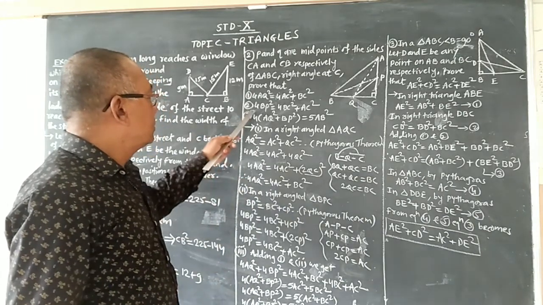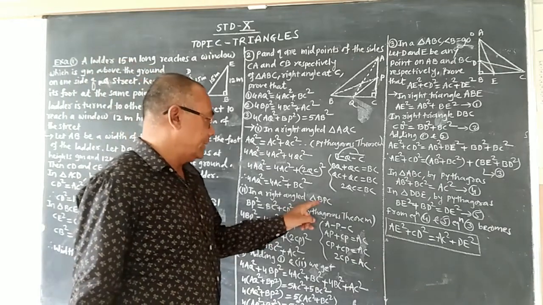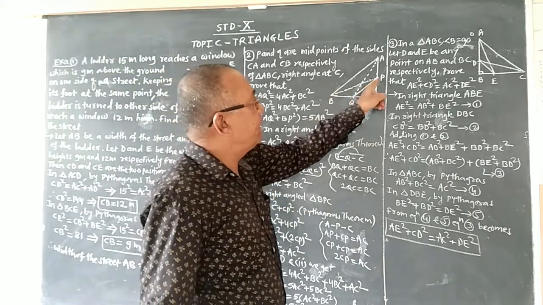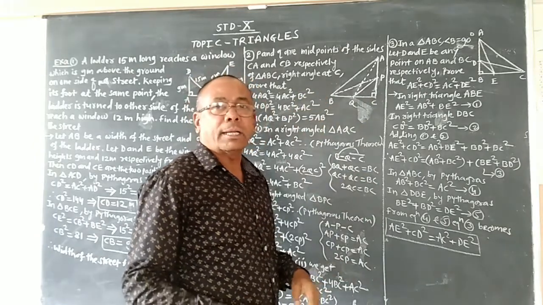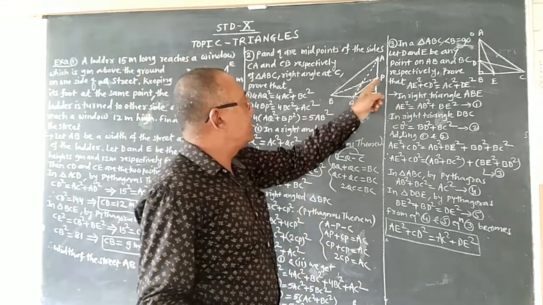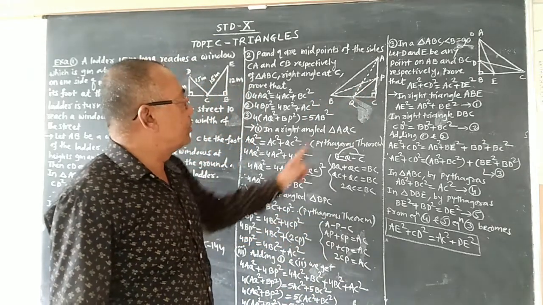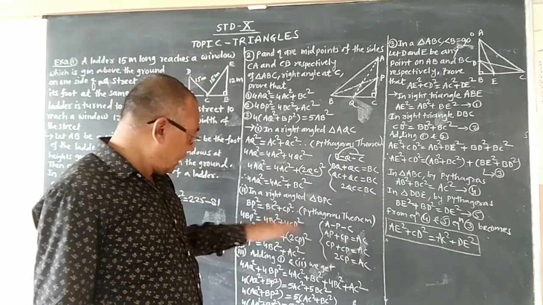Now, according to the second question, we have to consider the triangle BPC. And now this is also a right angle triangle. By applying Pythagoras theorem, we will get BP square is equal to BC square plus CP square.